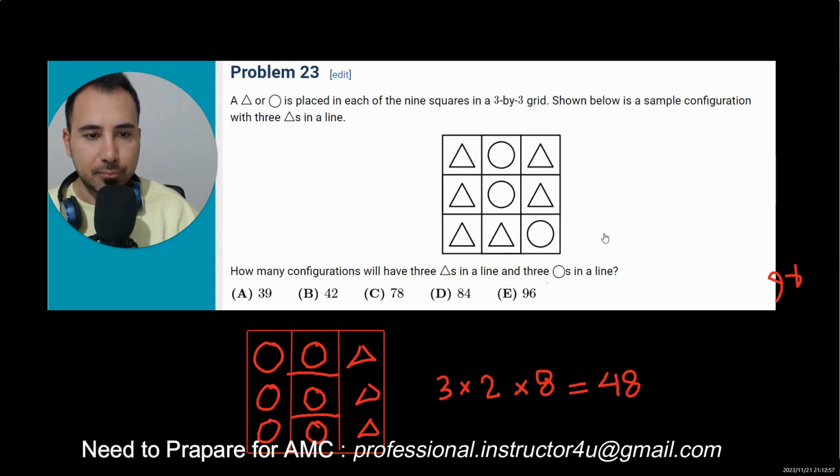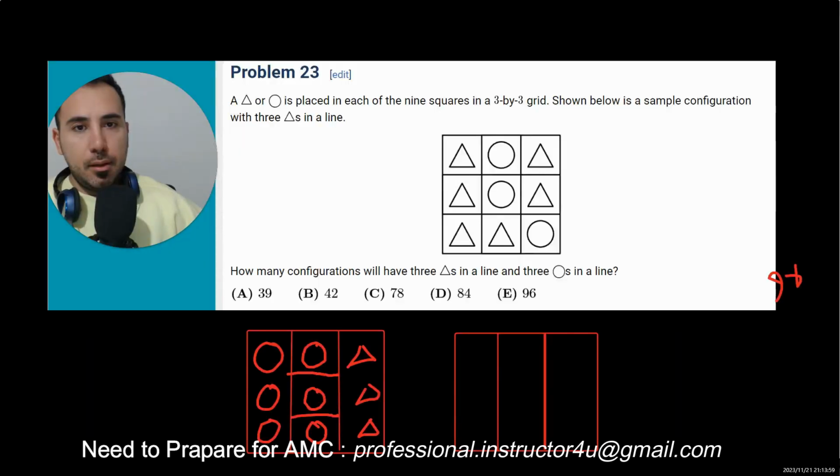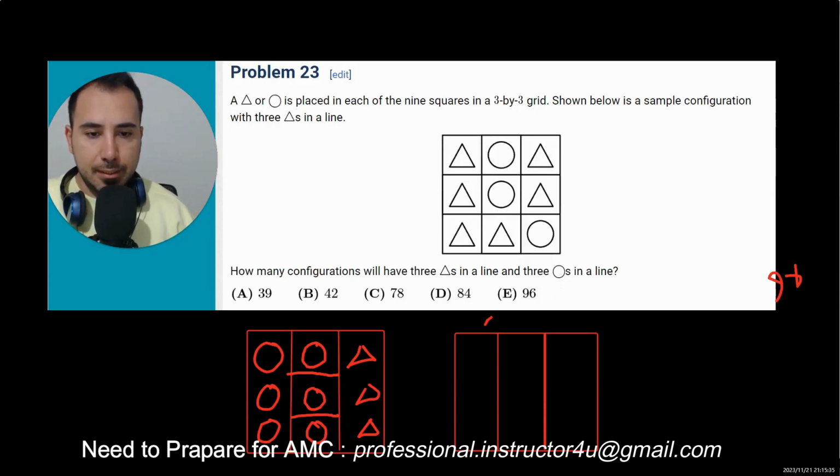Now let's see another story. Remember, previous time we selected this one and this one, randomly. Now it's quite possible that the next time we could have chosen this one and this one, and one of the possibilities would be this: O, O, O, triangle, triangle, triangle.